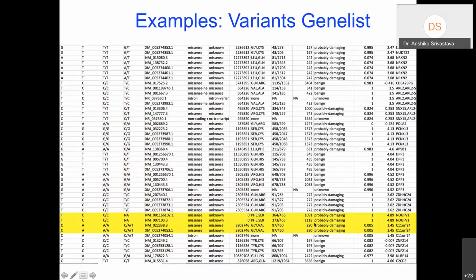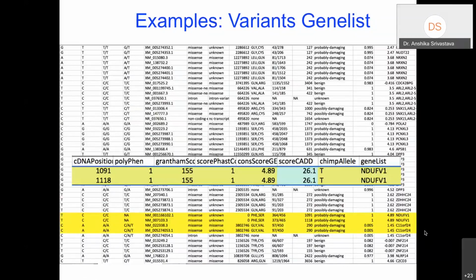In addition, we have whether it is a probably damaging variant or not, its frequency in the population, and its CADD score that is allotted to all the variants, and the gene name through different annotation tools, that is through the OMIM and HGMD databases. We came to the conclusion, yes, this is the gene that causes the phenotype we identified in our patient. NDUFAF1 was the gene.